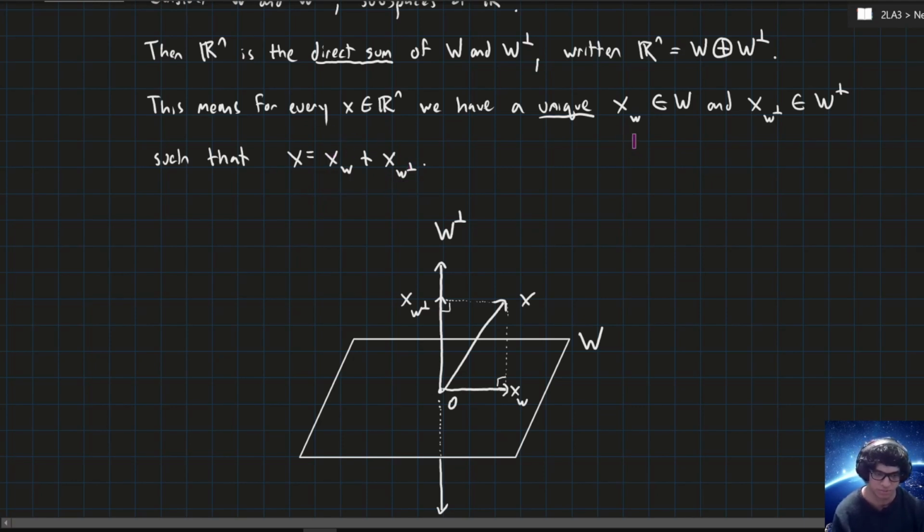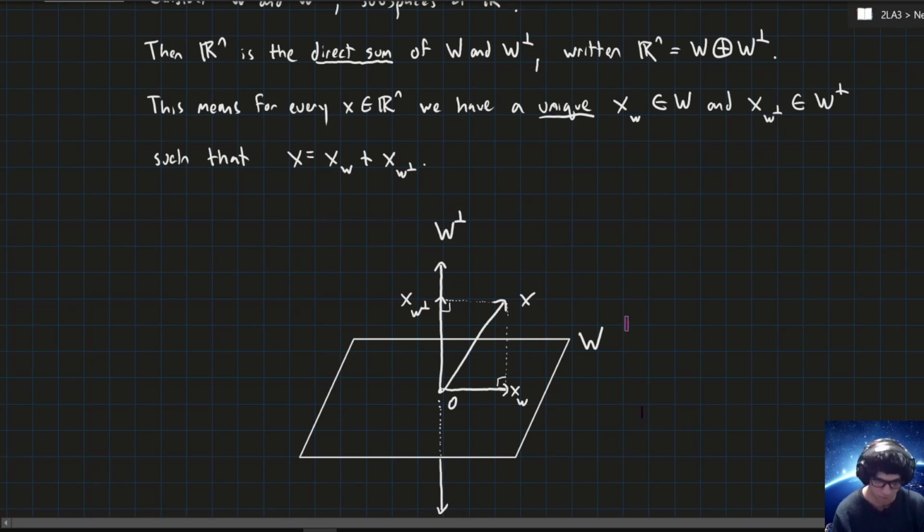It might help to look at a diagram to see what this is saying. Let's pretend W is the plane, and W perpendicular is the line that goes through it like this.